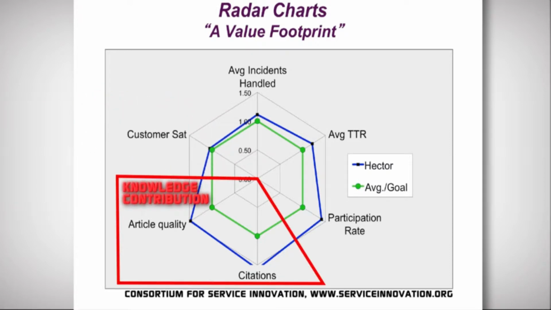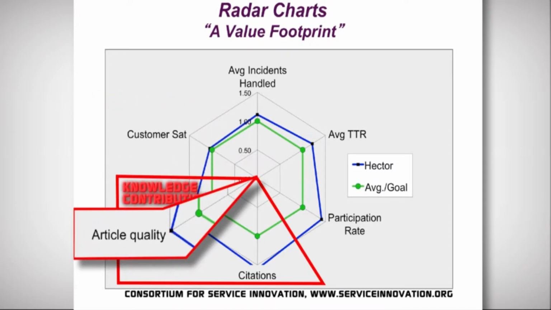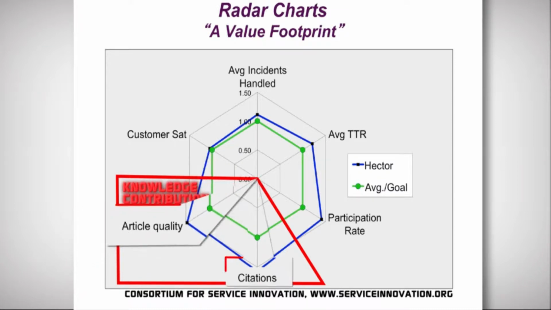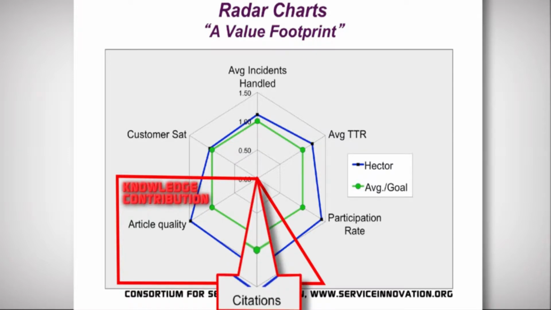Knowledge Contribution, Article Quality Index or AQI, based on sampling and scoring of articles, and the goal is normalised to 1. Citations, peers' use of articles, where the number per month is normalised to indicate 1 being the team average.